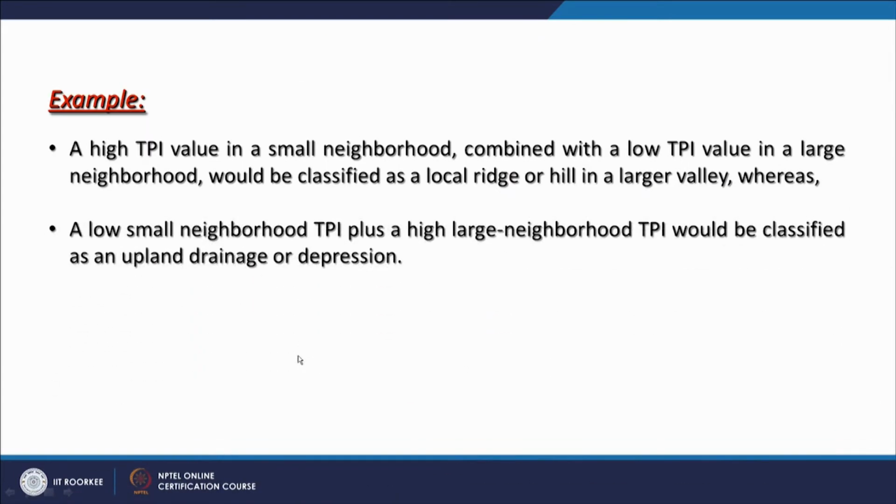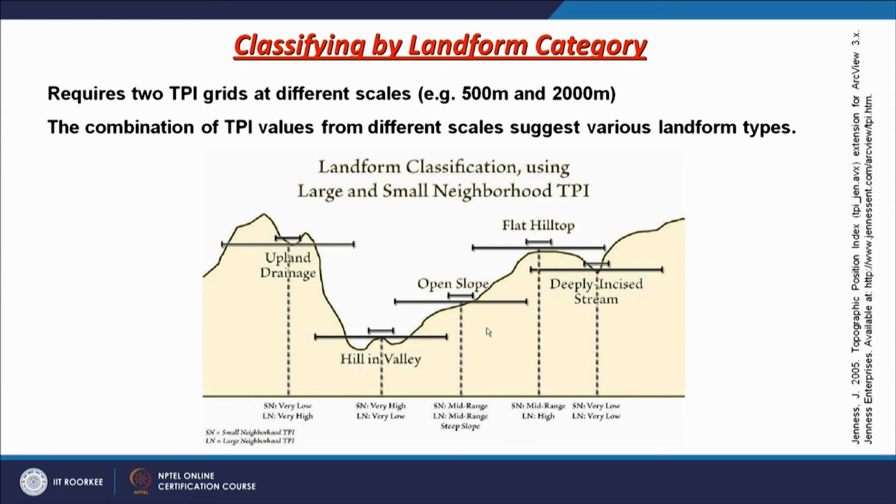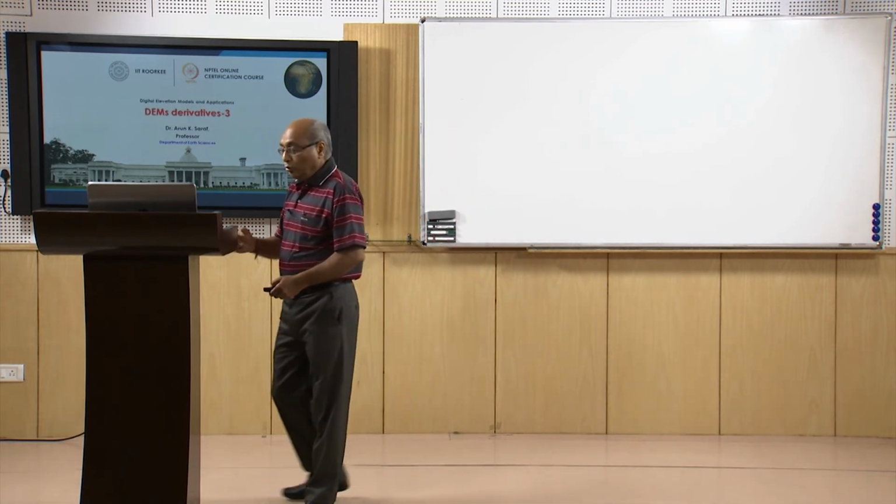Similarly, a low small neighborhood TPI plus a high large neighborhood TPI would be classified as an upland drainage or depression. Likewise, we can classify the landforms by involving 2 TPIs of 2 different scales.